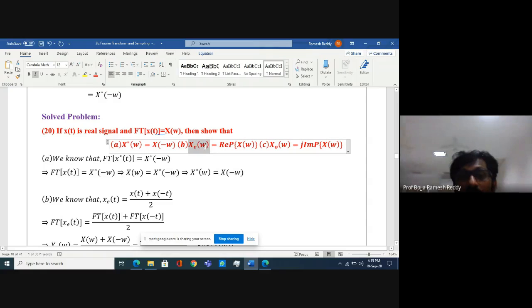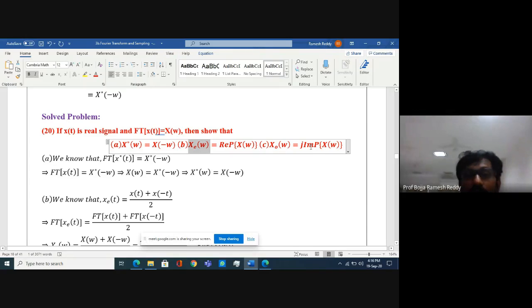and the even part of X of omega is the real part of X of omega. Even part is pure real. The meaning of this statement is, if x of t is a real signal, then the even part of X of omega is pure real, and the odd part of X of omega is pure imaginary.